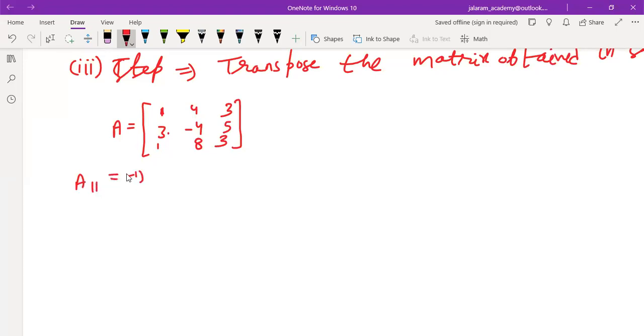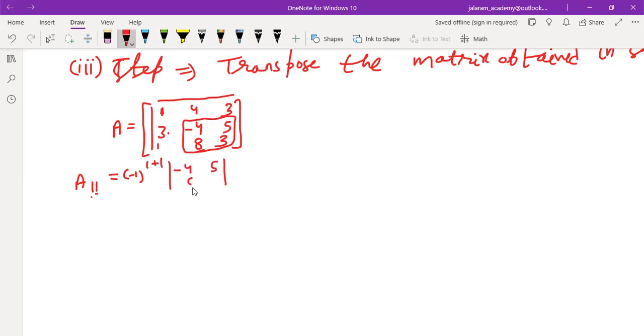A11 equals, we know that, minus 1 to the power 1 plus 1. These two digits will be added, into the determinant of order 2 cross 2 obtained by deleting the first row and first column. So the remaining determinant will be this one, having 4 elements.